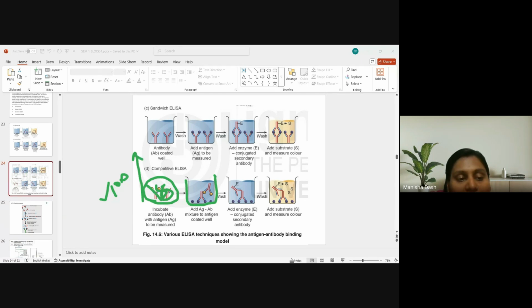So that is why we are already using an antigen which is coated to the antibody.